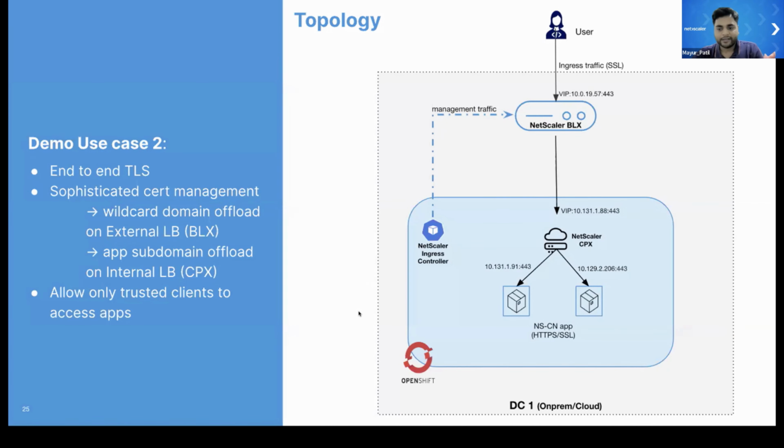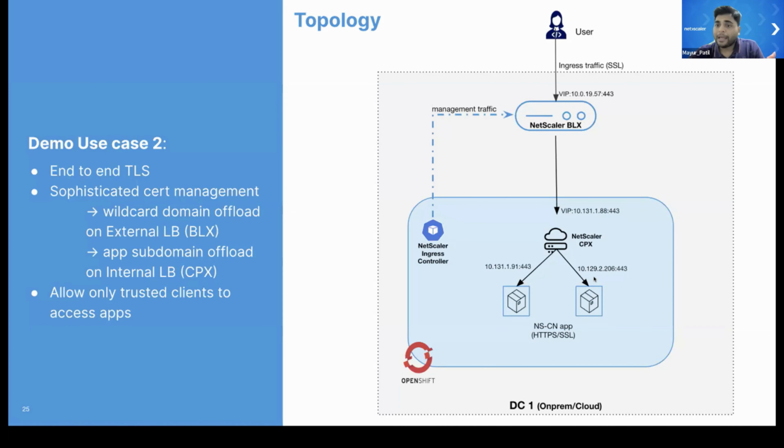Moving to the second use case. This use case builds on top of the first use case, and we will be doing two interesting things here. First, the applications running inside the OpenShift cluster will do the SSL encryption on the application domain.